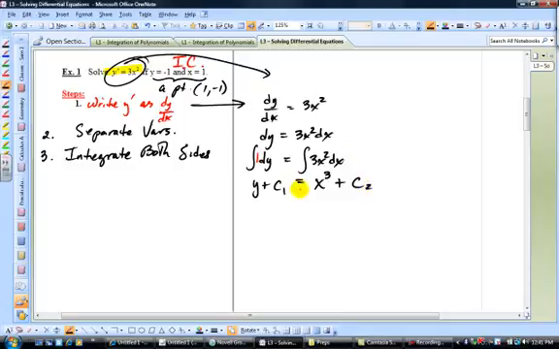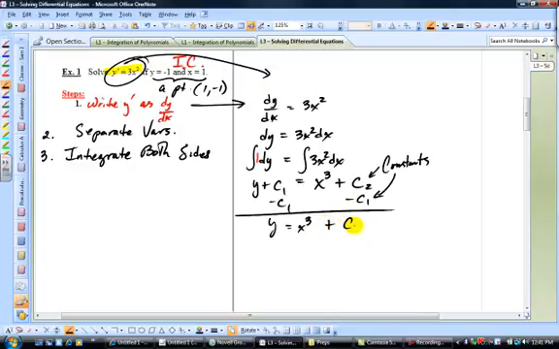Now I want to solve for y, because our solution is a function, so I'm going to subtract c1, and I get y is equal to x cubed plus c2 minus c1. Remember, these are both constants. A constant minus a constant gives another constant, so I'm going to call it c3.